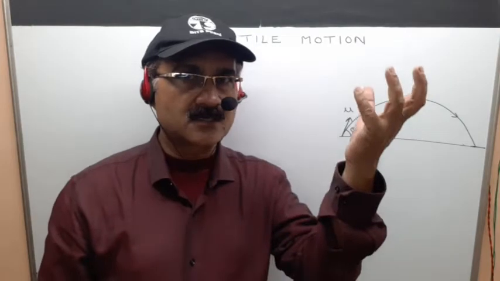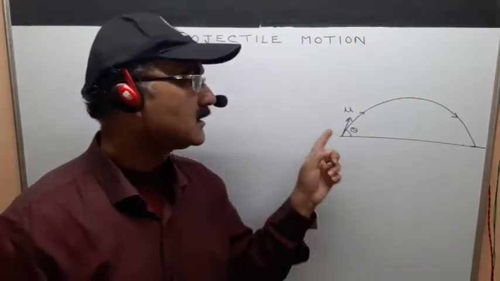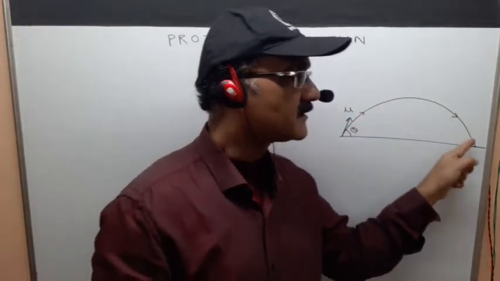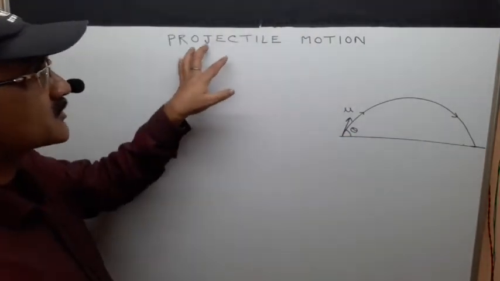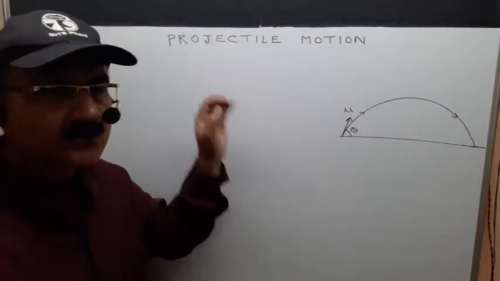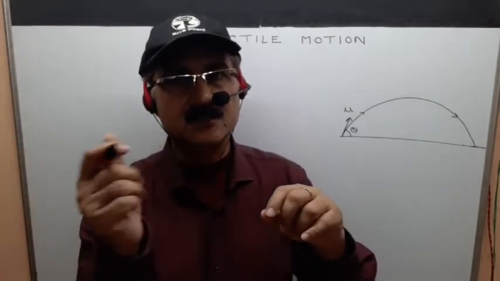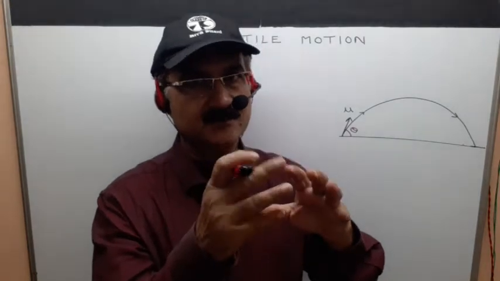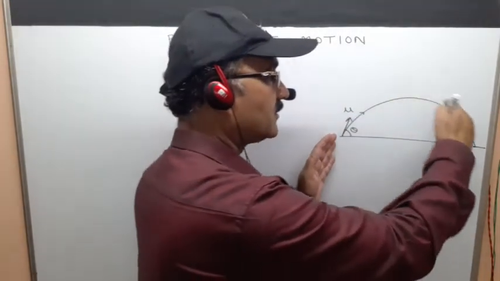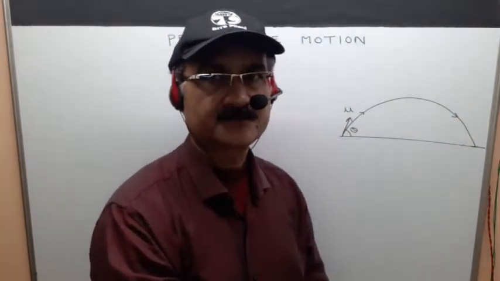So due to Earth's gravitational pull, it follows a path like this. This type of motion is called projectile motion. You are throwing something, meaning you are projecting something. What you throw is a projectile, and the motion is called projectile motion.